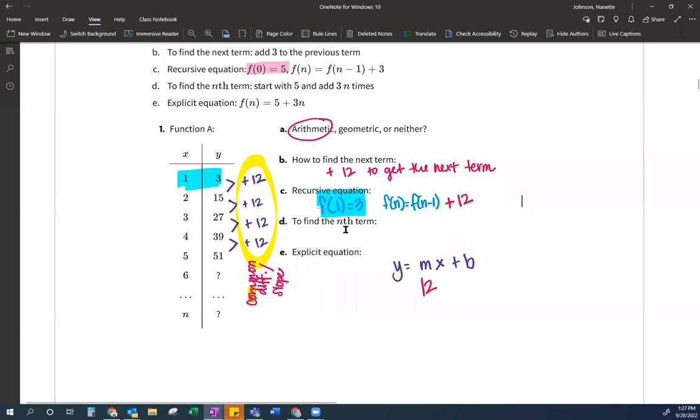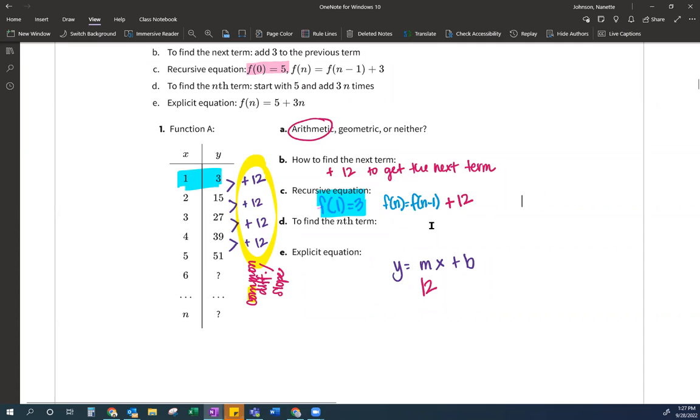And then it says to find the nth term. So here, if you look at this structure, it says to find the nth term, start with 5. So here I'd start with 3. Right, and then I'm going to add 12 n times. Does that make sense? And then I have to figure out if it's n minus 1 times or n times. This n minus 1.